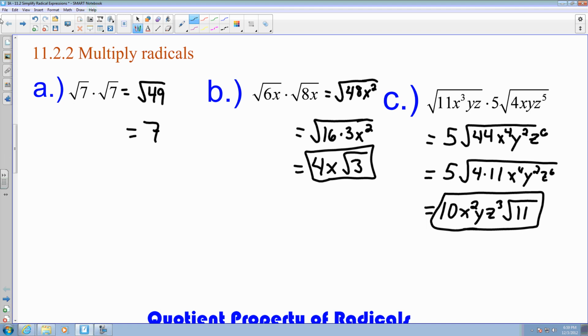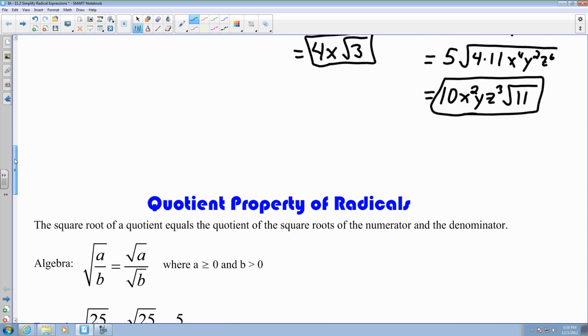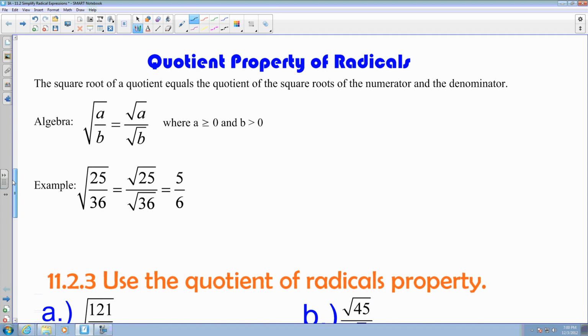So that's using the product property of radicals. Now let's look at the quotient property. The quotient property states that the square root of a quotient equals the quotient of the square roots of the numerator and the denominator.